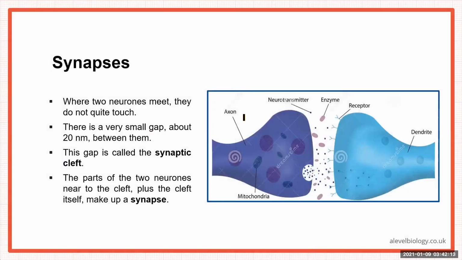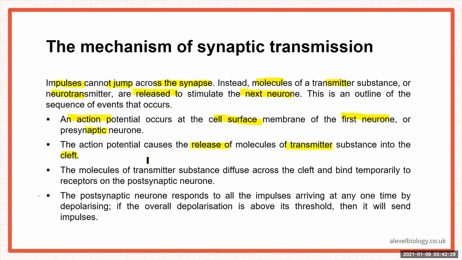How this all happens, we will talk about in detail also, but this is the basic gist of what happens. So an action potential is generated, which causes these vesicles to release these neurotransmitters.